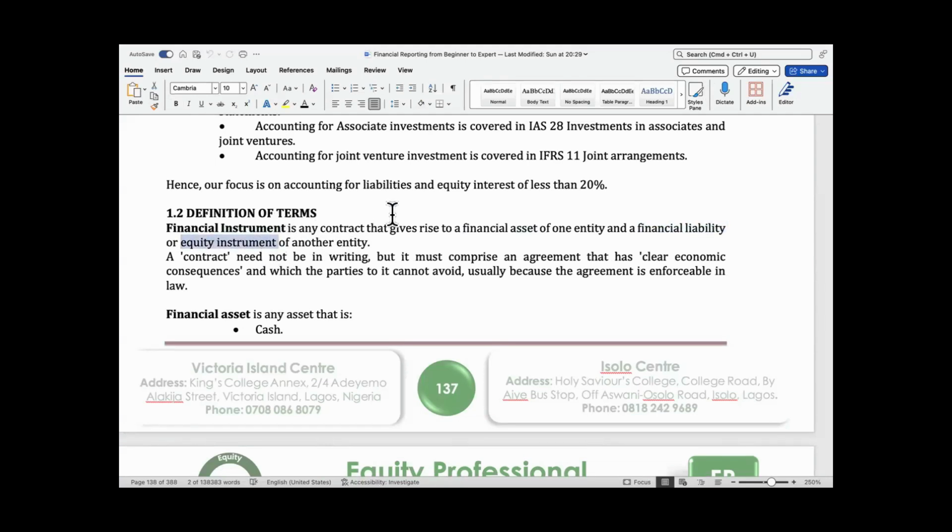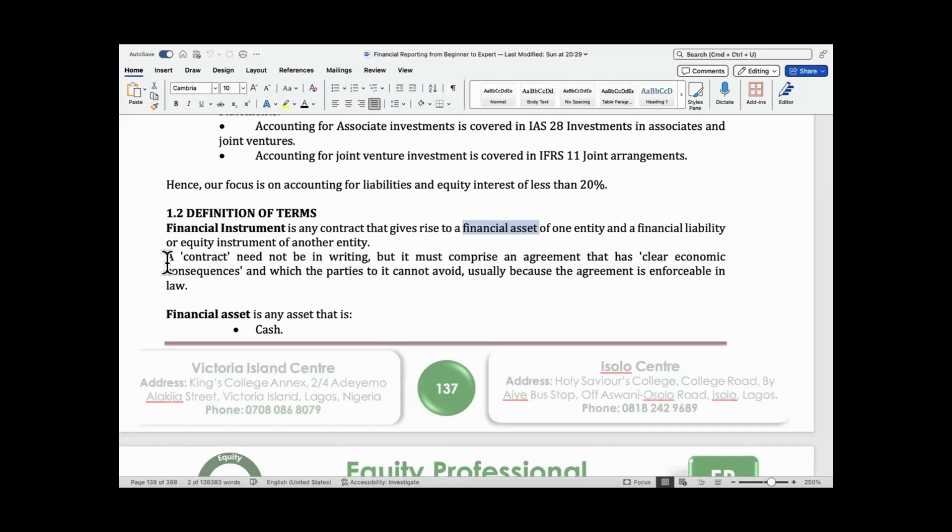And I pointed out in my explanation that to identify the party that has a financial asset is relatively easy, because the party that has financial asset is usually the investor, the person that gave out money.